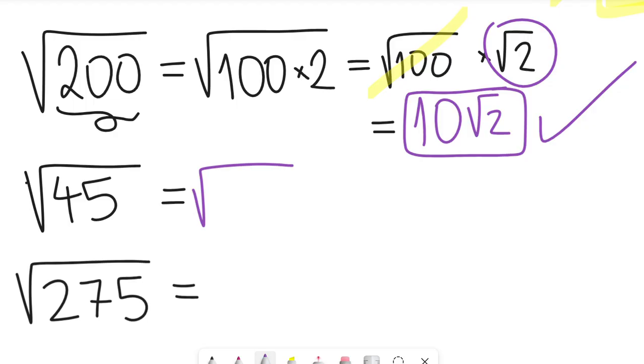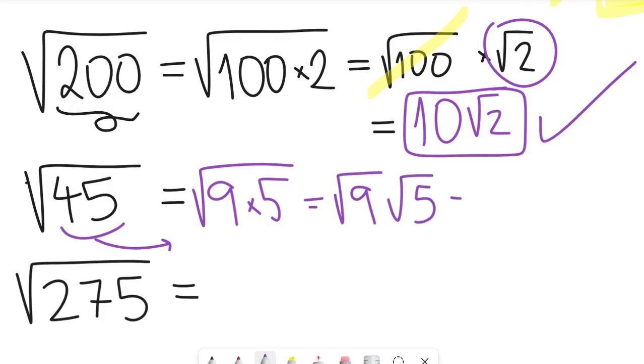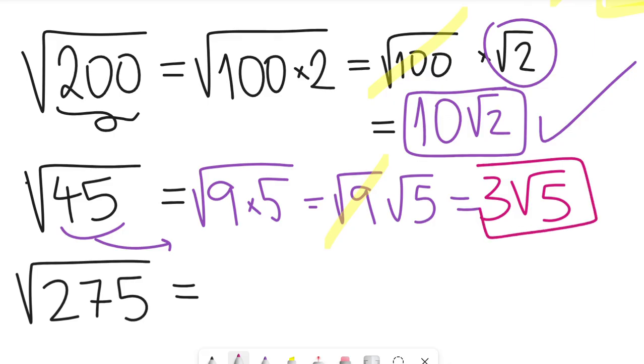No, so it doesn't work, right? So 45 can be written as 9 times 5. Great. This is square root of 9 and square root of 5. Right? We know square root of 9 is equal to 3. So this is 3 radical 5. Done. Excellent job.